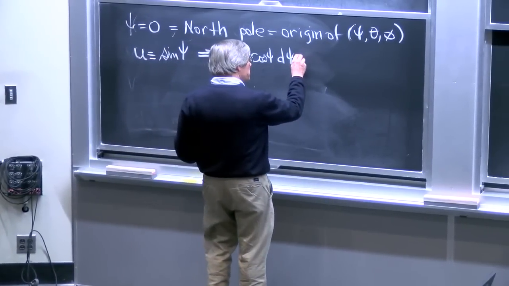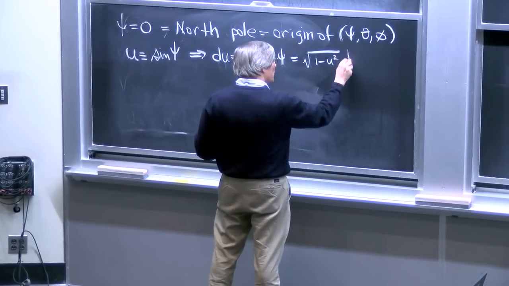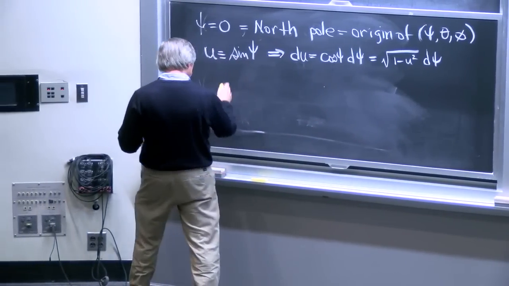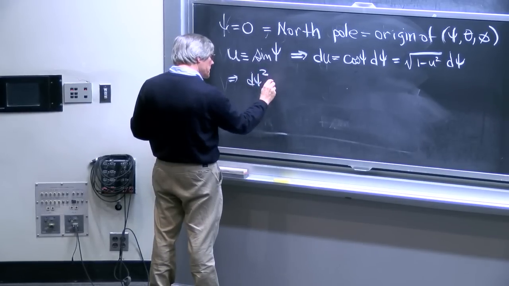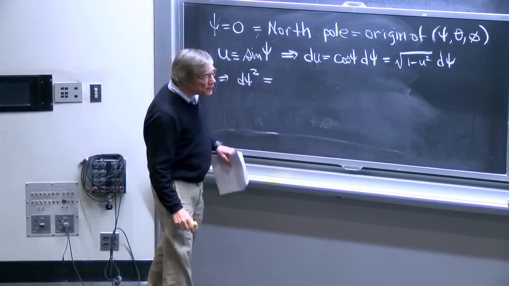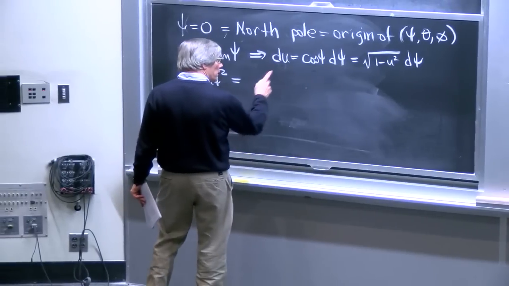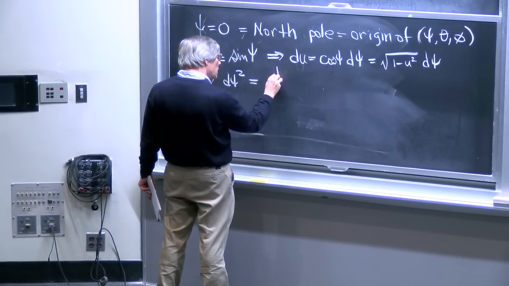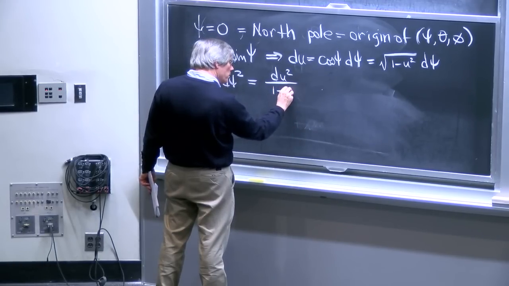So I can rewrite this as the square root of 1 minus u squared times d psi. And then d psi squared, which is what appears in our metric, can be rewritten just using that as du squared divided by 1 minus u squared.